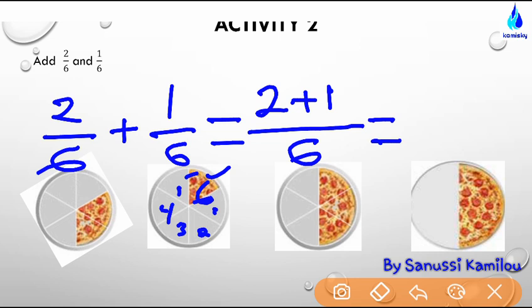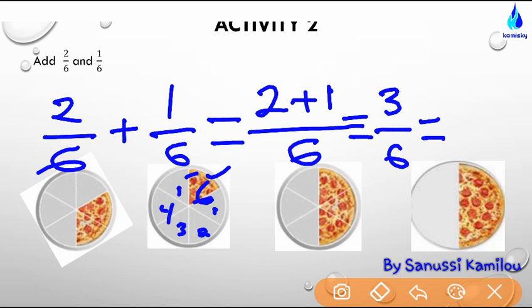Then we go ahead and get the answer. This one will give us 3 over 6. And it is possible for us to simplify 3 over 6. I can decide to divide it by 3.